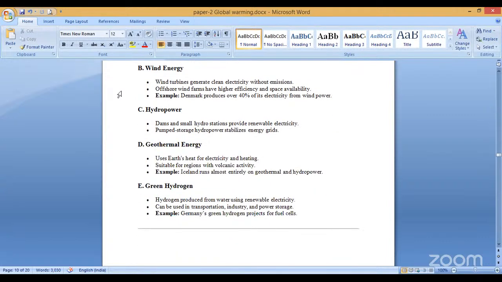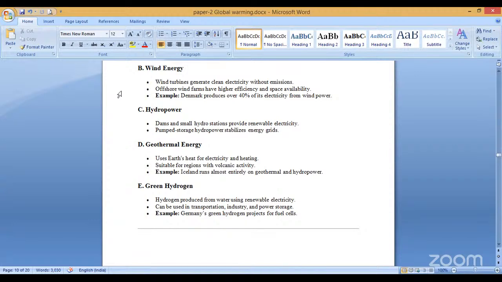Next one is hydropower. Dams and small hydro stations provide renewable electricity, and pumped storage hydropower stabilizes the energy grids. Geothermal energy uses earth's heat for electricity and heating, sustainable for regions with volcanic activity. Example, Iceland runs almost entirely on geothermal and hydropower.